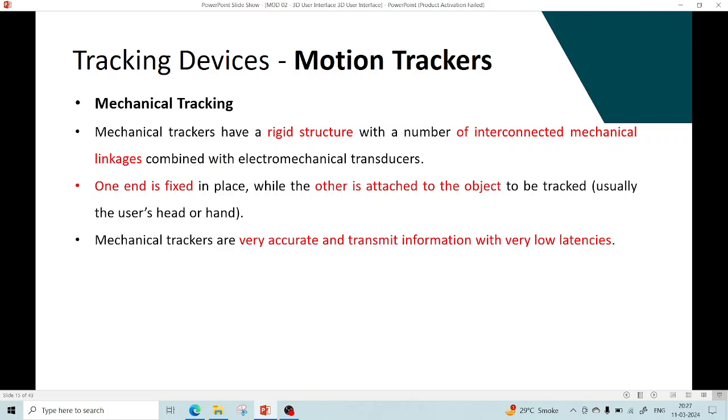The disadvantage is that these trackers are often bulky, limiting the user's mobility because they are connected to a fixed support through wires, making it difficult to use physically based navigation techniques which are used in environments.